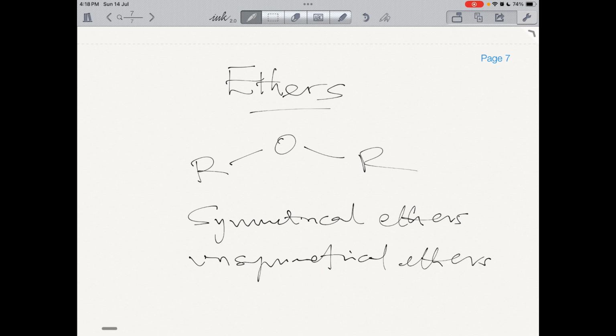In the symmetrical ethers, the alkyl group and the alkyl group here are the same. So if I make this R prime and then this one R, that means R prime and R are the same for symmetrical, and for unsymmetrical, R prime and R are different. Okay, that's about the types.